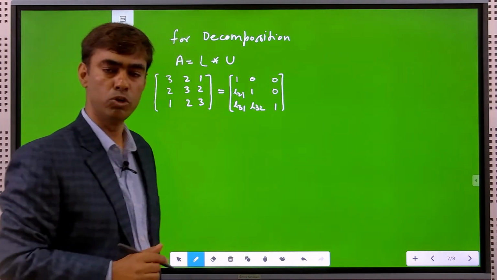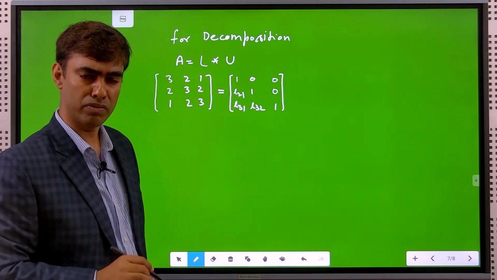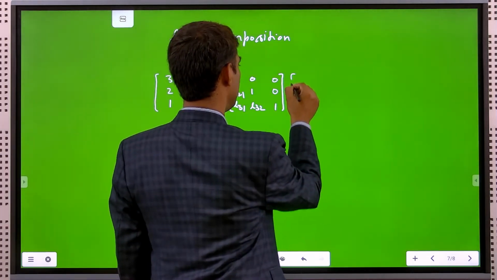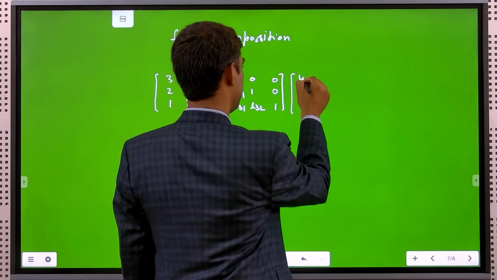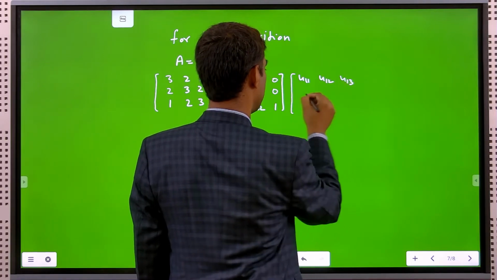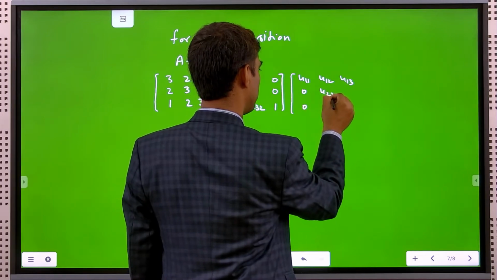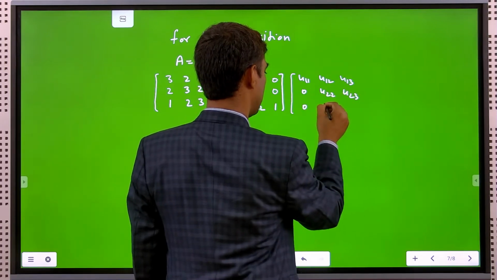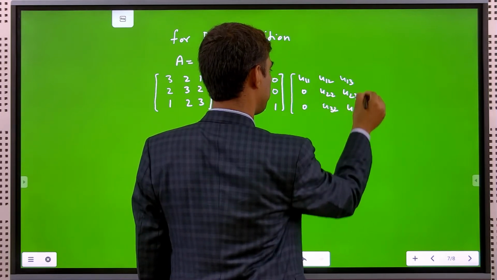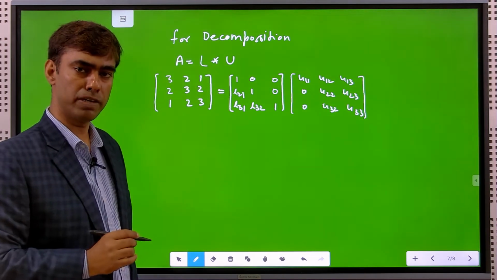This is the lower triangular matrix with diagonal elements equal to 1, multiplied by U. Here we write U11, U12, U13, and then 0 and 0, U22, U23, and U32 and U33. Now, how do we find the values of the unknowns?